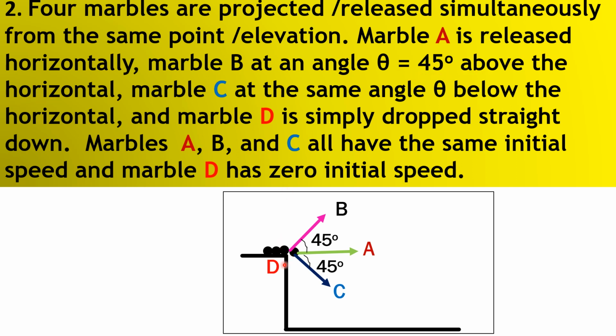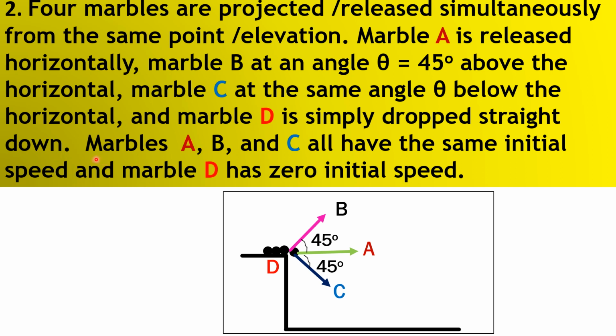Marble C is also released at the same angle theta but below the horizontal, so this is also 45 degrees. And marble D is simply dropped straight down.